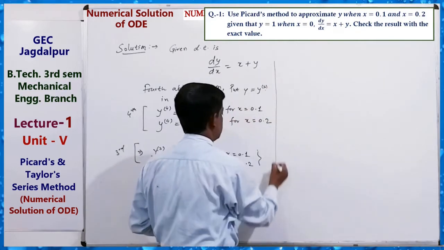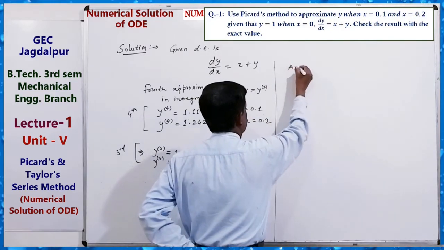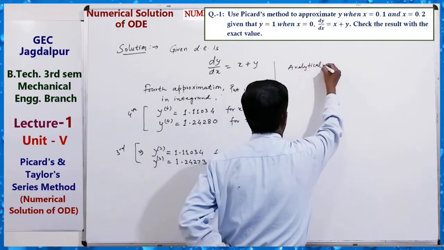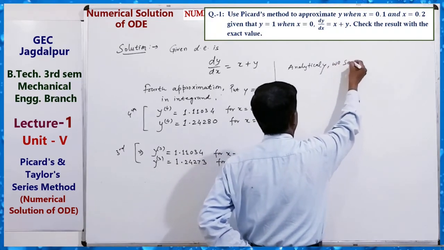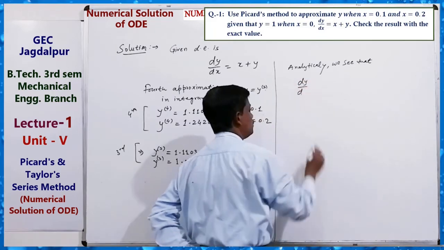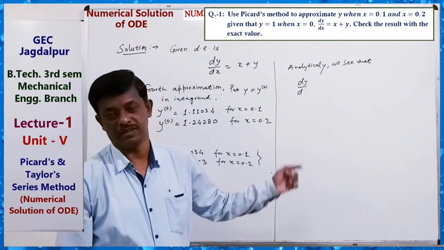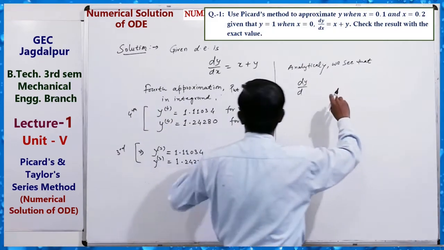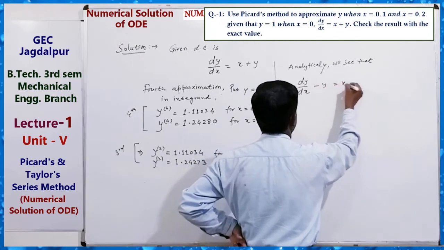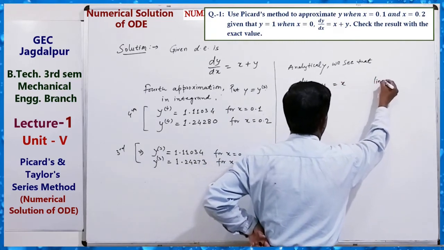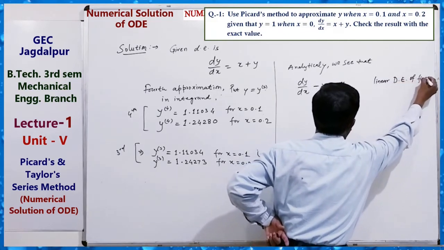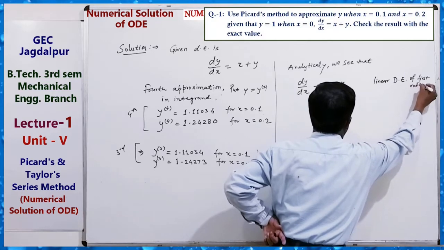Here we see that we have to find the solution of this differential equation, as we have already studied in the first semester: dy by dx minus y equals x. It is a linear differential equation of first order.